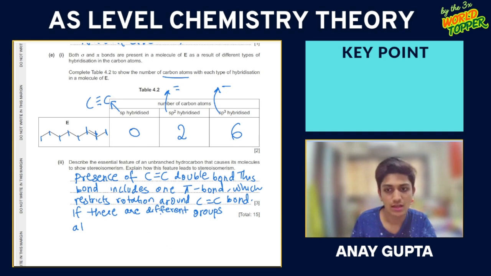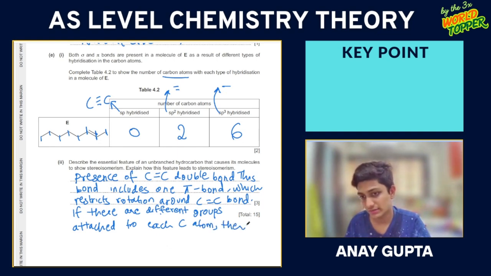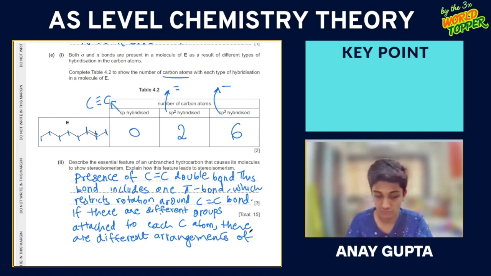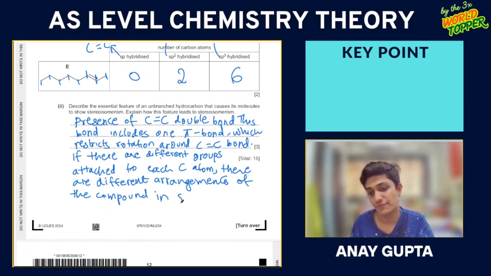So if there are different groups attached to each carbon atom, there are different arrangements of the compound in free space, right?